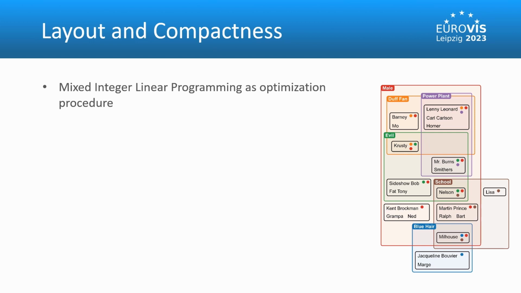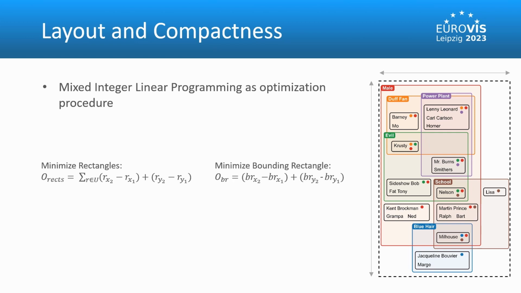To enforce the overall compactness of the layout, we would like to minimize the area of the bounding rectangle encompassing all rectangles representing sets. As minimizing the areas would lead to a non-linear objective function, we chose to instead minimize the sum of the perimeters of all rectangles representing sets and the perimeter of the bounding rectangle. The sum of these perimeters is our final objective function we minimize.